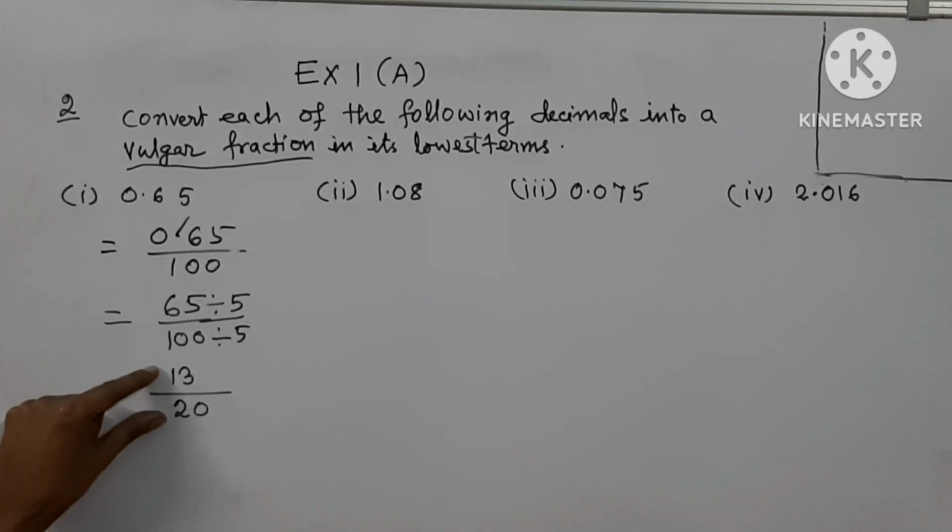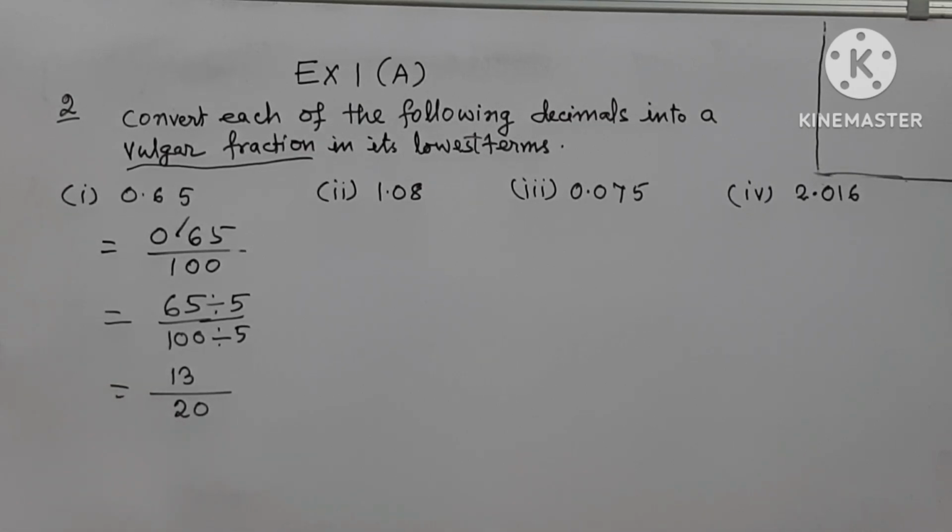So this is the simplest form or lowest terms. If the denominator and numerator have no common factor other than 1, then they are in the simplest form or lowest terms. So 13 by 20 is in its lowest terms.